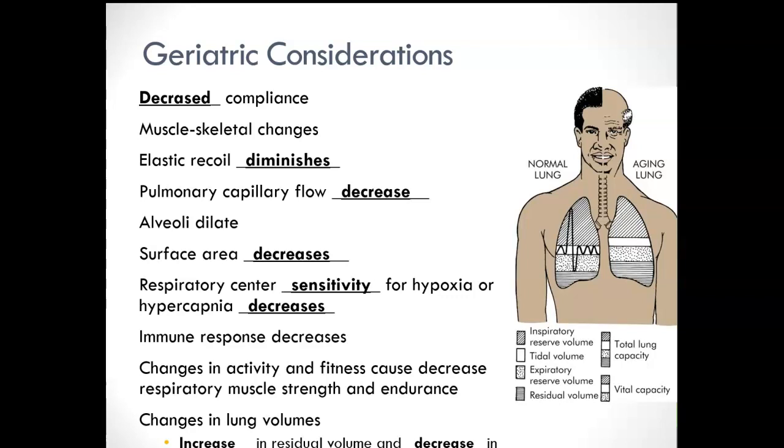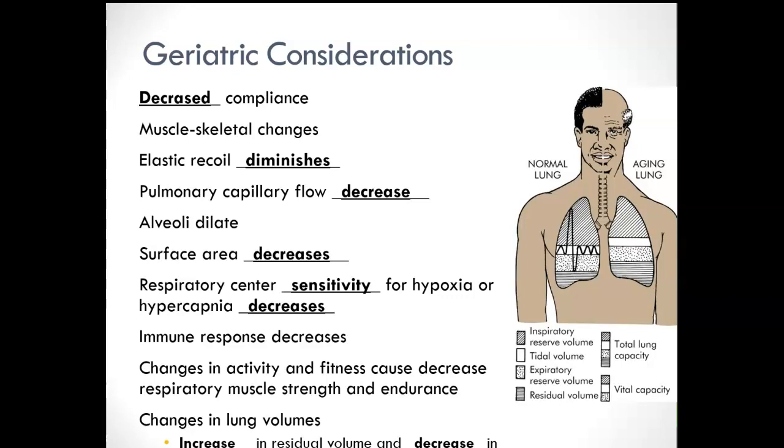Respiratory center sensitivity for hypoxia or hypercapnia, being high CO2, and hypoxia being low O2, it decreases. Again, brains don't function as well as they get older. It's something for you all to look forward to. Your immune system response decreases, and then changes in activity and fitness cause decreased respiratory muscle strength and endurance.